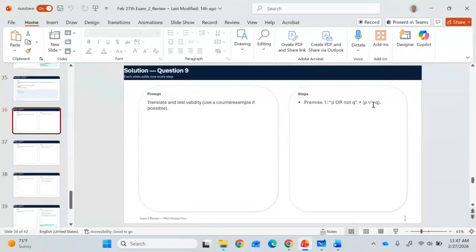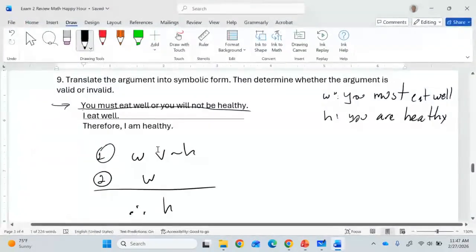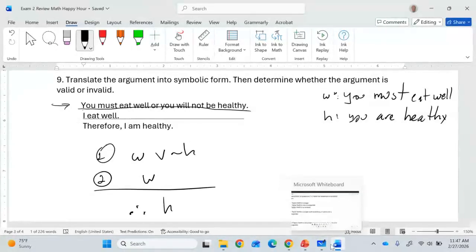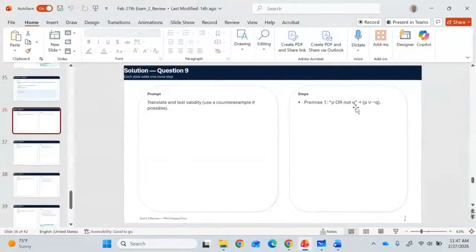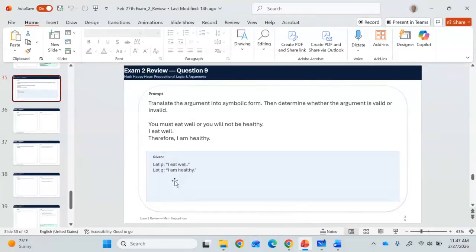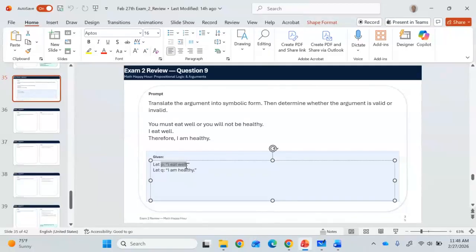If you notice here, they're using exactly P and Q. Instead of changing the letters, you could always. So in my example, I did W or not H. In the PowerPoint it is P or not Q. But if you do it like that, just remember to define, so write down what P means and what Q means. That way, that's not confusing.